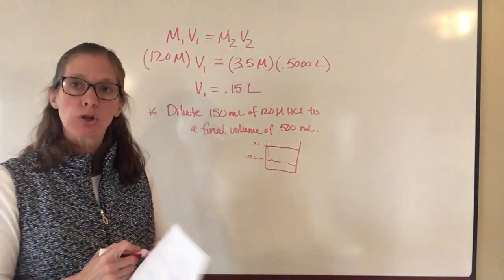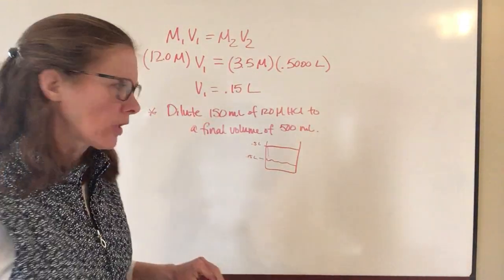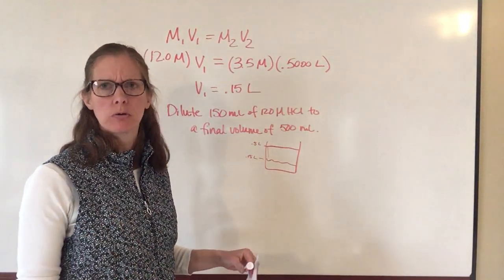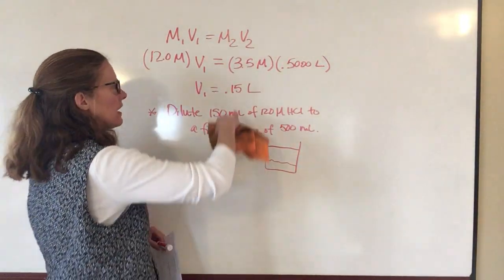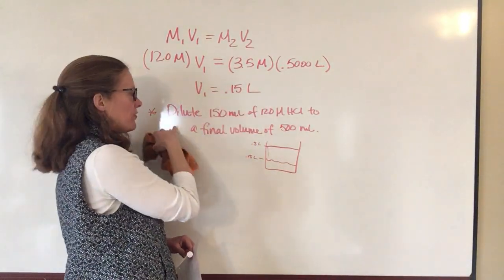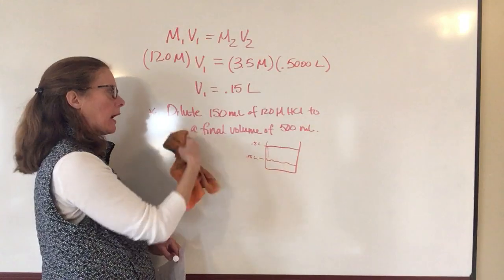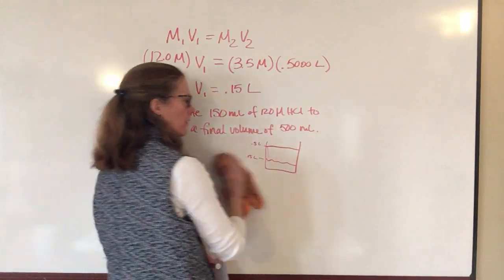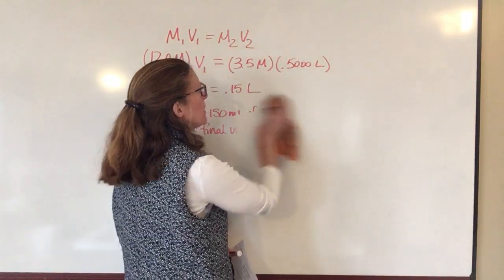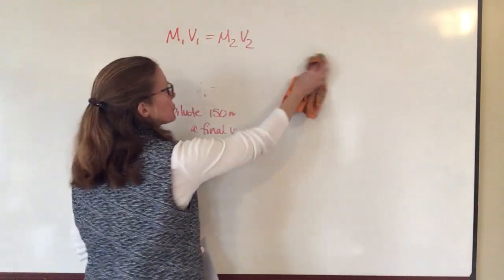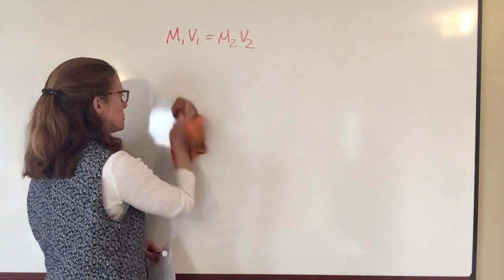That's what we're talking about when we say dilute it. Make sure that if you're asked a problem like that, and there will be some in your homework assignment as well, you explain how you're going to dilute it, how much of the initial, and to what final volume you're going to take that. We're going to do one more example problem where we're asked for something different, but we're going to use the same type of equation.